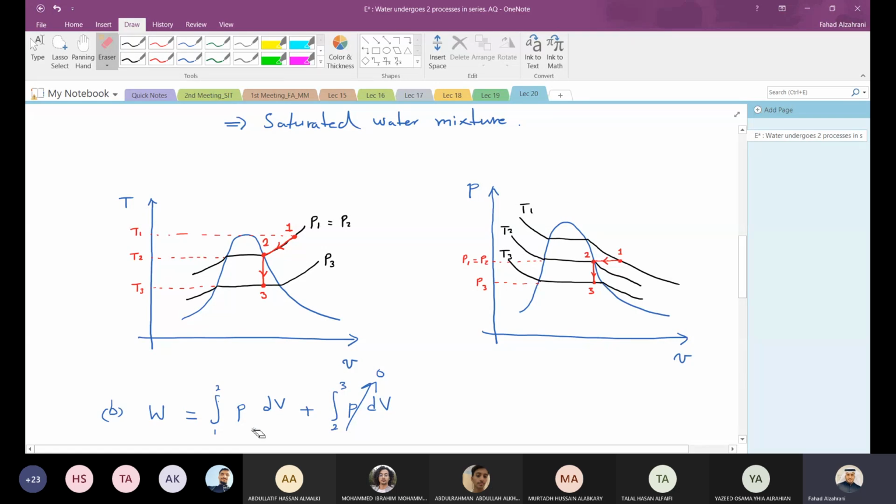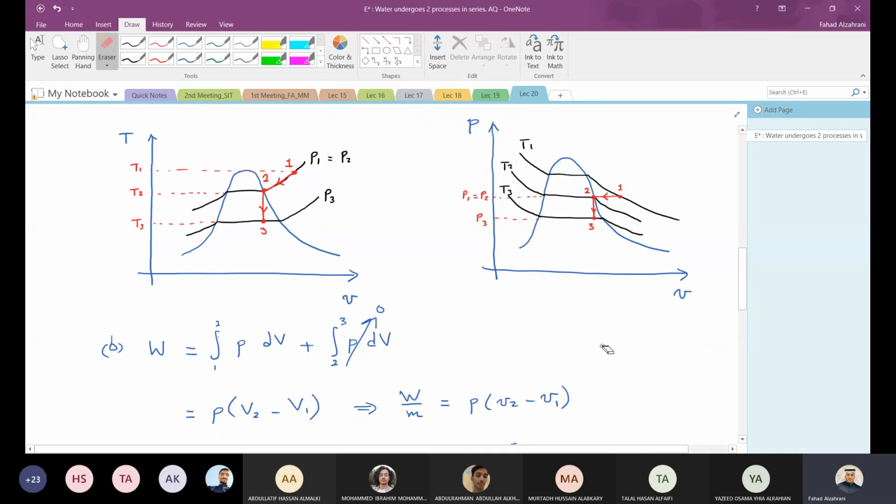And since the first process is a constant pressure process, what is the integral equal to? We see that P, which is constant, goes outside, then becomes V2 minus V1. In terms of specific work, capital V here is m small v, so I can divide by m, and this is my specific work, which is P times (small v2 minus small v1).